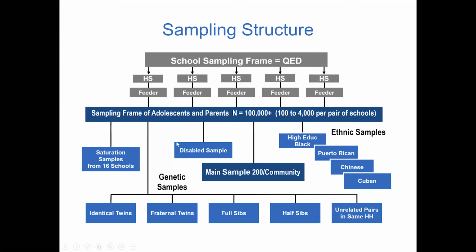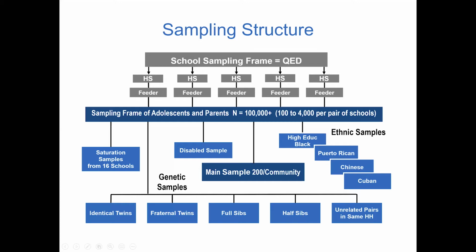These are our ethnic samples. We oversampled adolescents with a disability, primarily a physical disability, and so on. We oversampled genetic samples, identical twins, half sibs in the same family. Okay, so there was differential probability of selection.